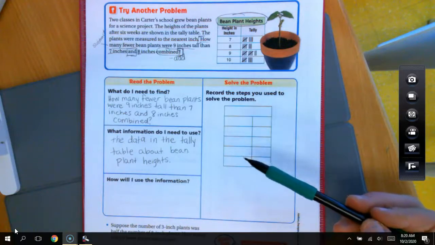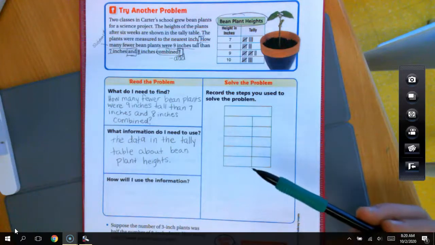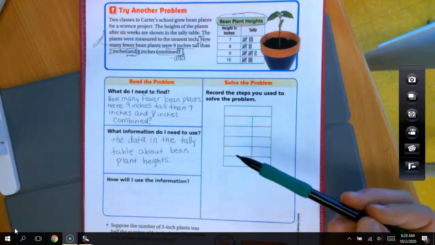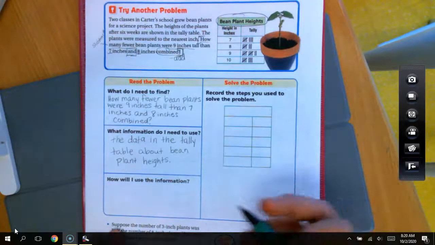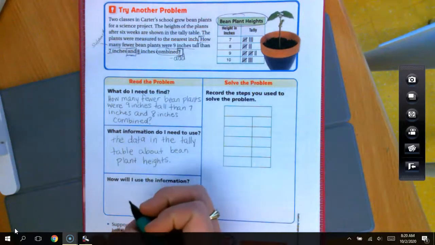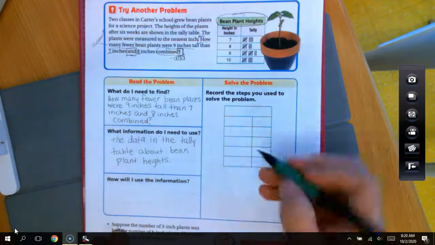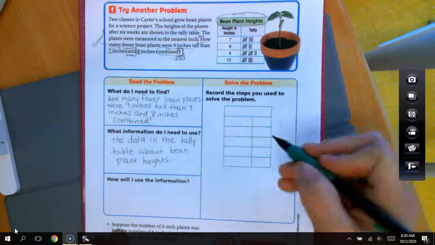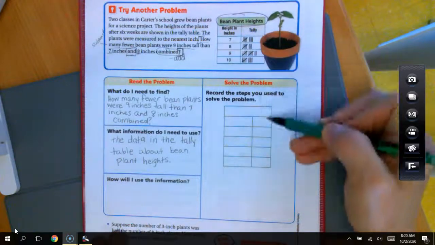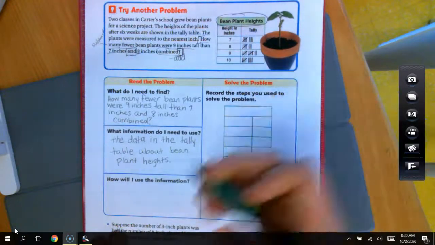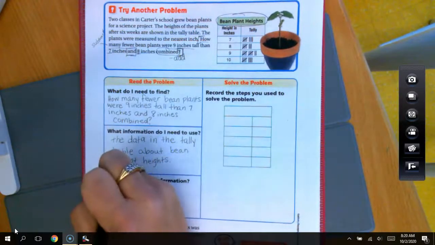And then I'm going to have to add the number of 7-inch and 8-inch plants and compare them to the number of 9-inch plants. So I'm going to count the tally marks, put the data into the frequency table. That's what we're going to have to do first. We're going to change this tally table into a frequency table. So we're going to write that.